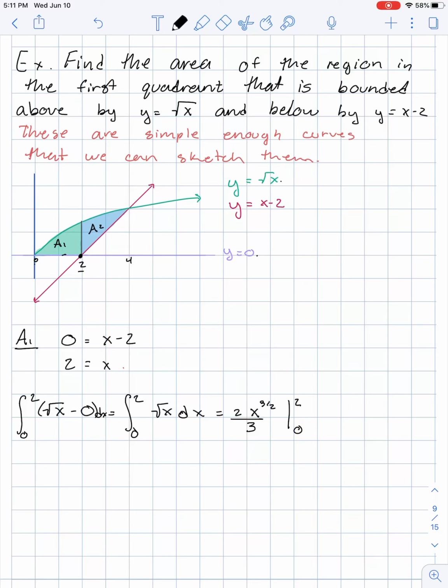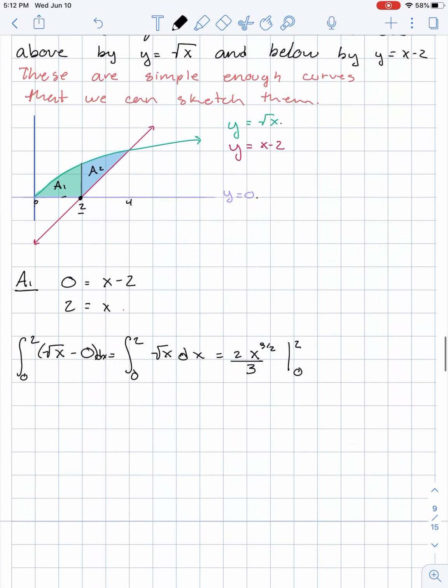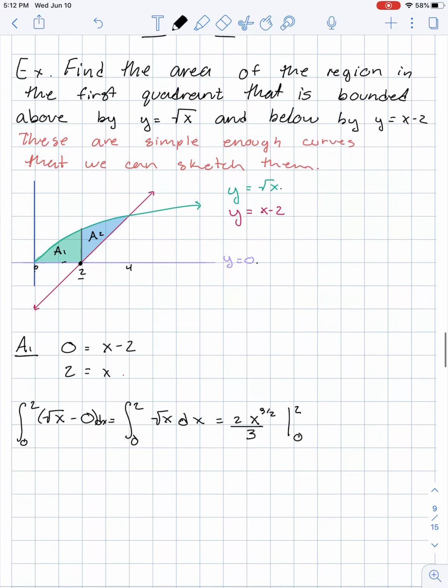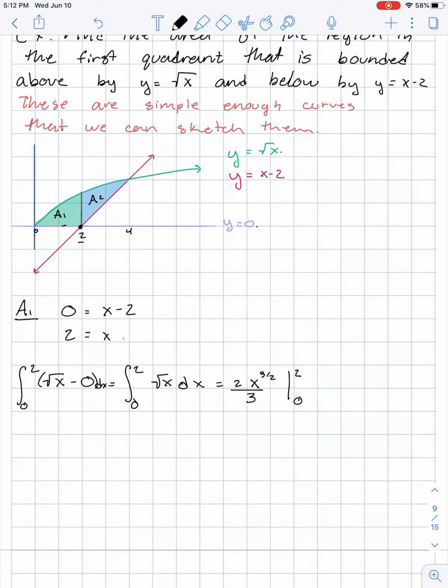The textbook gives us this sketch, but I would have the confidence that you all would be able to draw x minus 2 and the square root of x, and know what the first quadrant is. We reviewed that when we first reviewed trig functions.